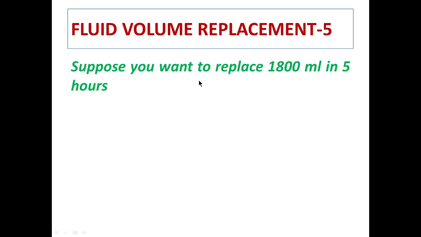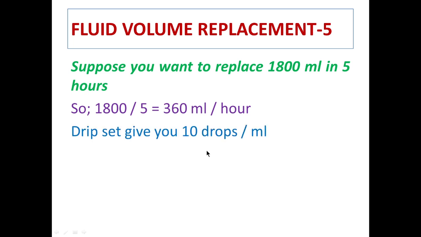Suppose we want to infuse it in 5 hours. We will calculate it as 1800 milliliters divided by 5 hours. It will be 360 milliliters per hour. The normal drip rate we use in the clinics gives us 10 drops per ml.